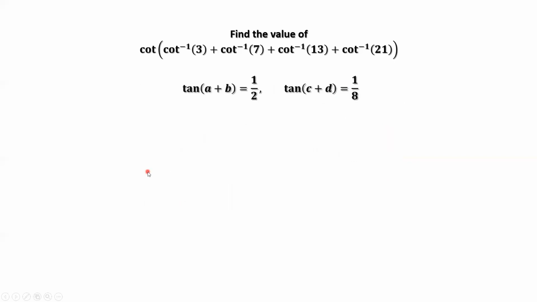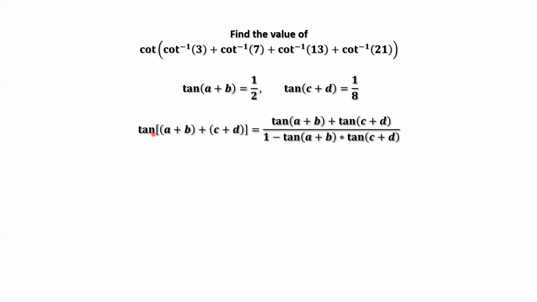We use the tangent sum angle formula again. Tangent of A plus B, then plus C plus D. We have the value for tangent of A plus B, and tangent of C plus D. Plug in the two values in the right-hand side of this equation.